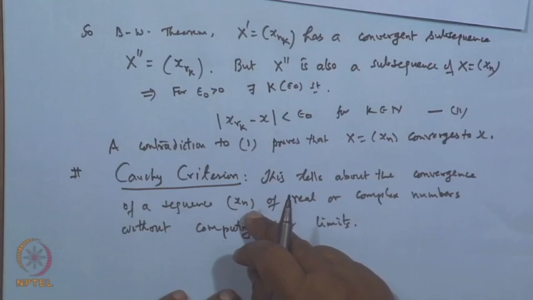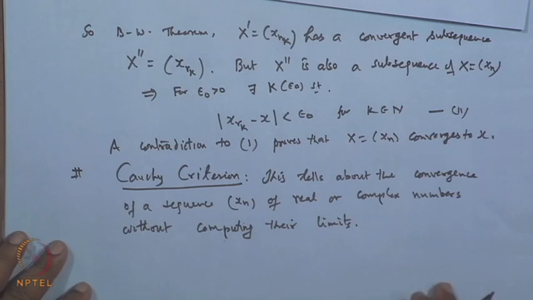But what the Cauchy convergence criteria says is that you need not compute the limit of a sequence x n, just simply apply the criteria given by Cauchy. One can identify whether the given sequence is a convergent one or a divergent one.